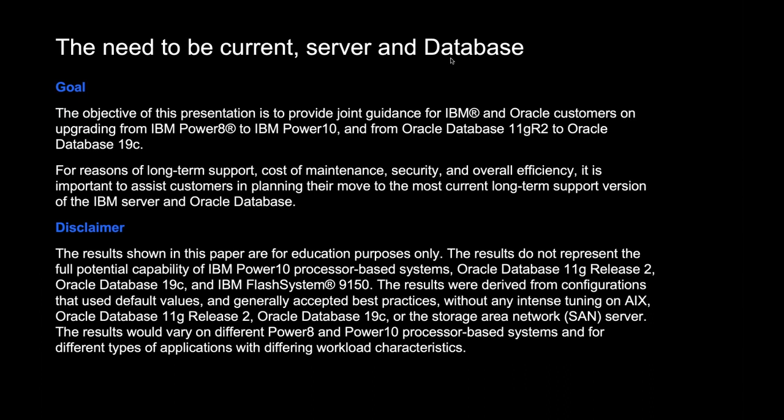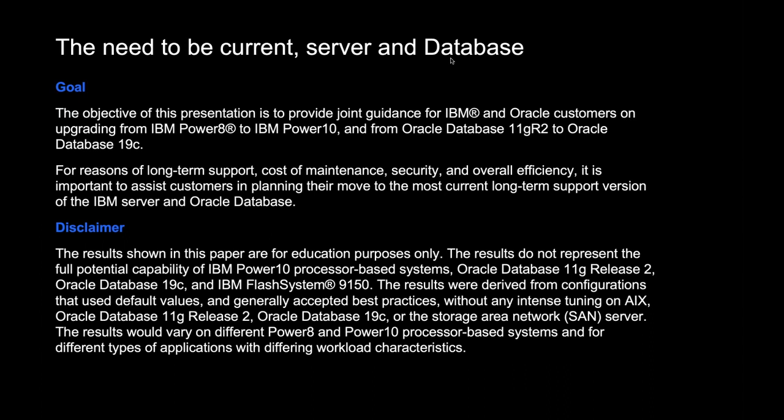It helps Oracle in their management of customers. It helps IBM because we don't have to worry about sustaining customers on older product platforms also. And we're very anxious to work with Oracle and excited to work with Oracle to move them up to database 19C. So many reasons. Long-term support. Once you move to 19C, you don't have to make major changes of releases for a long period of time.